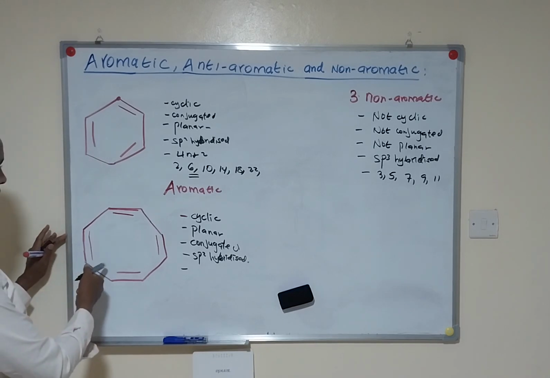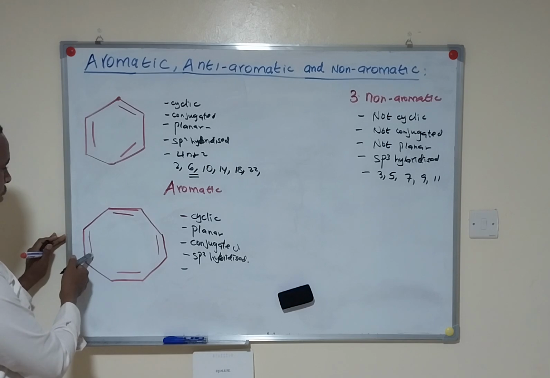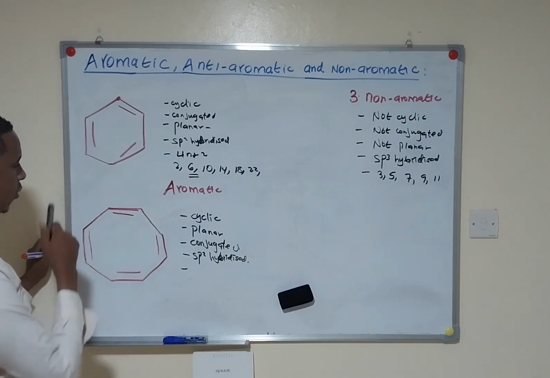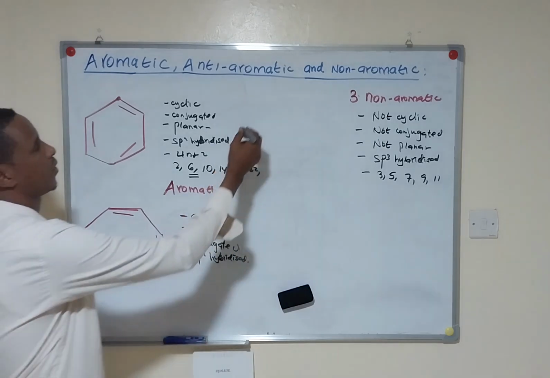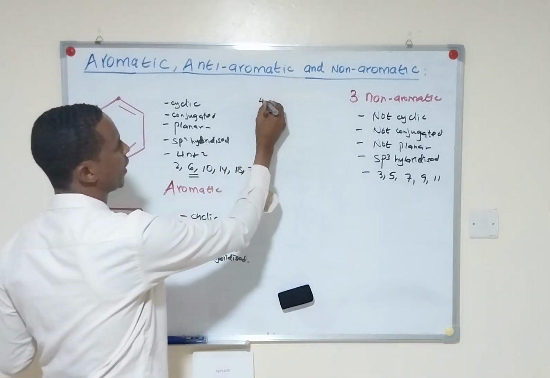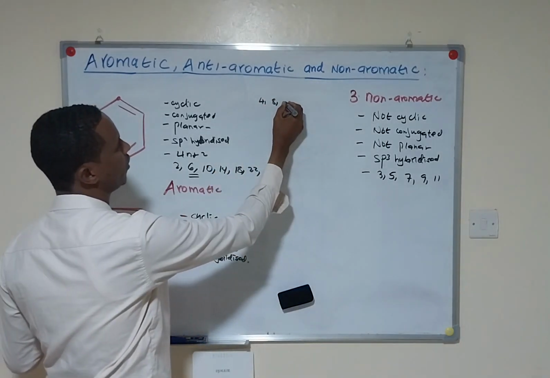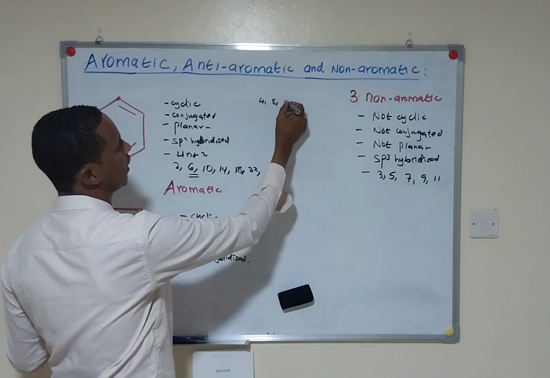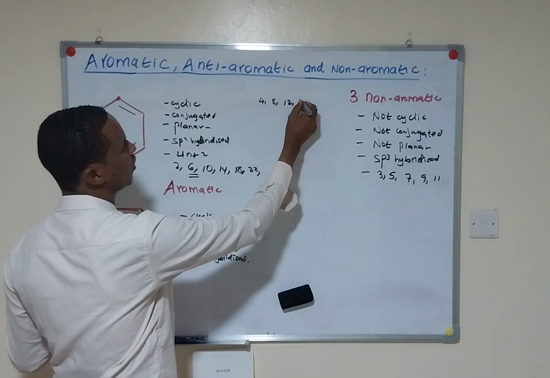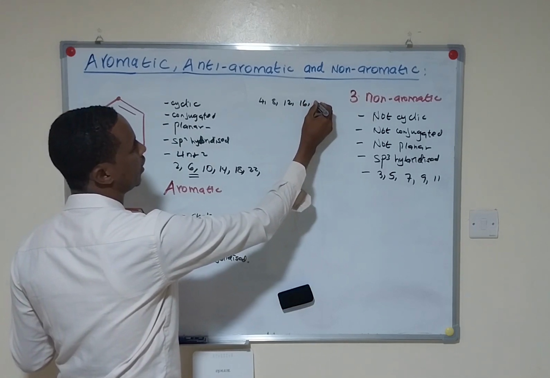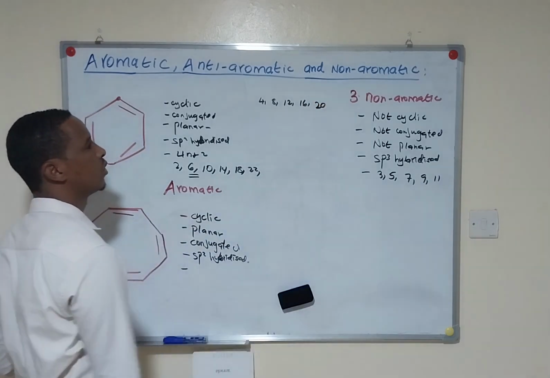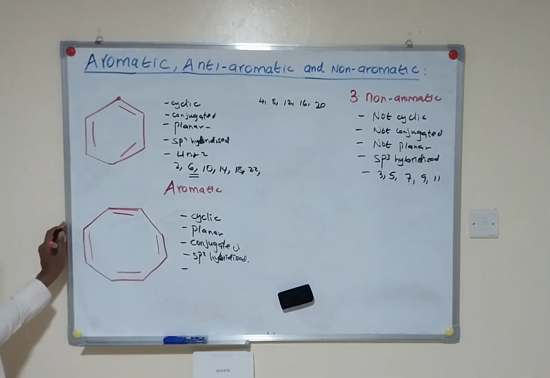How many pi electrons does it have? There are 4 pi bonds, 1, 2, 3, 4. That means the compound has 8 pi electrons. We say if the molecule has 4, 8, 12, 16, or 20 pi electrons, that compound is anti-aromatic.